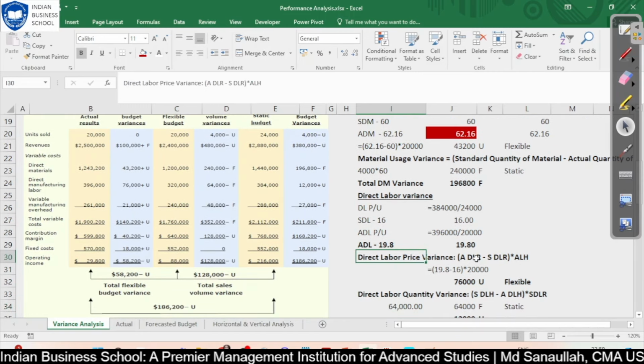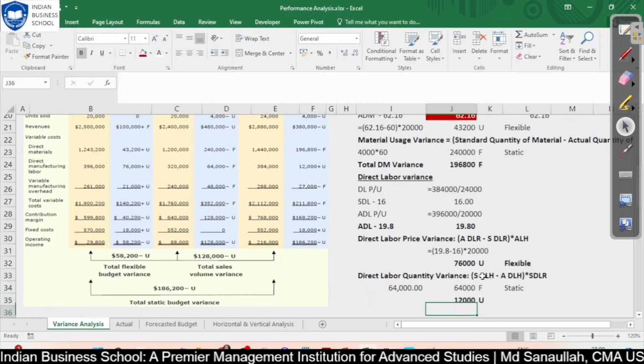Actual direct labor, which is somewhere around 19.8 rupees, then we reduce our standard direct labor price, and then multiply by actual quantity as per the formula. Then we will get 76,000, which is unfavorable. Why is this unfavorable? Because as per the flexible budget, we are supposed to consume only 3,20,000, but we have utilized 3,96,000, which is on the higher side. That is why it is unfavorable.